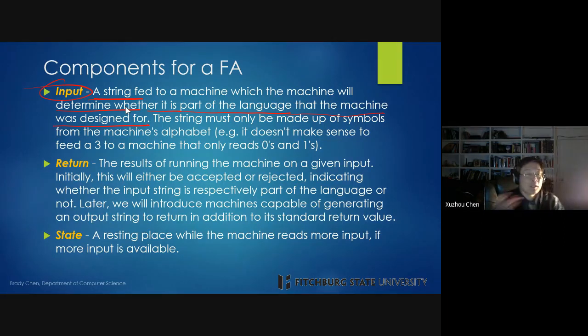So here's the deal. I create the finite automata, the finite machine. The machine is going to take a string. Now if the string satisfies a certain pattern, or we can say if the string is part of the language we define, then the machine is going to accept it.